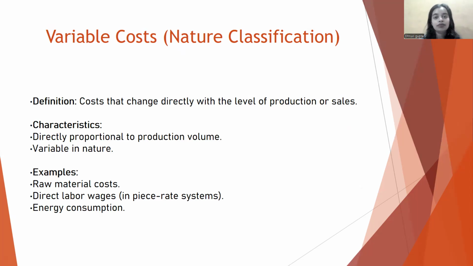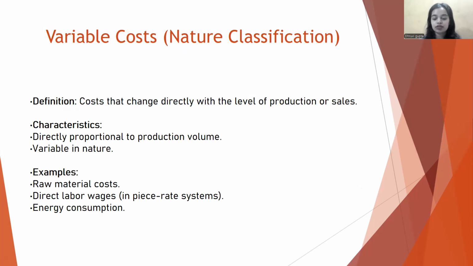It varies with the production level and it is directly proportional. If the production level is 100, the variable cost will also be in the ratio of 100. And if the production level changes to 200, the variable cost will also change in the proportion of 200. So for example, raw material cost.